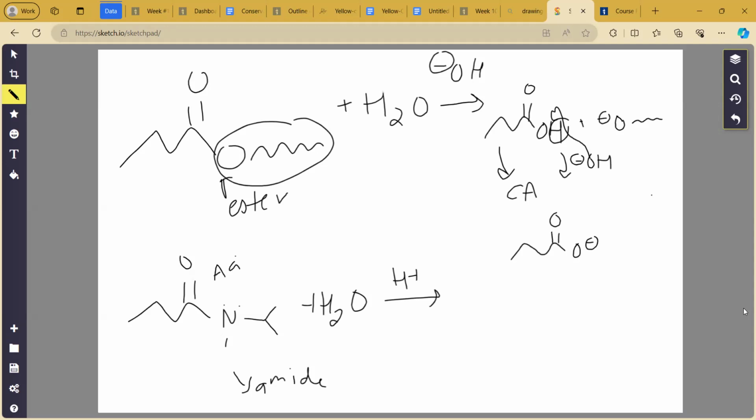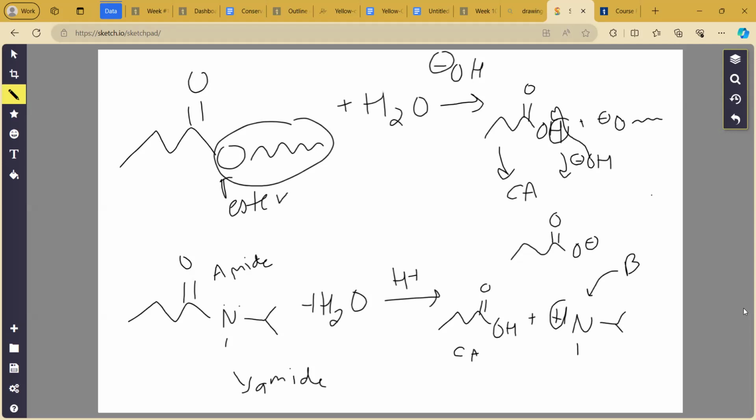This here is an amide. This is water. This is an acid. So again, we're reverting it back to the carboxylic acid. So it's the same first step as last time, reverting it back to a carboxylic acid. And then I have my N that looks like this. It gained an H because it's in an acid.